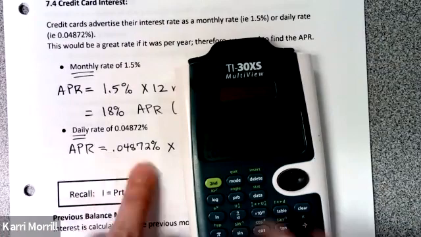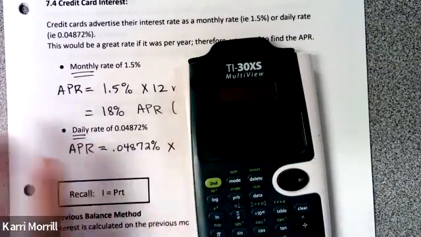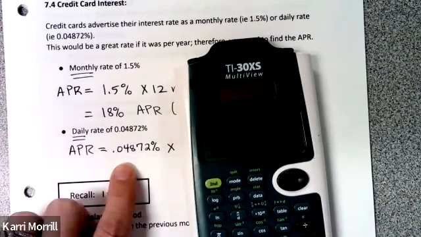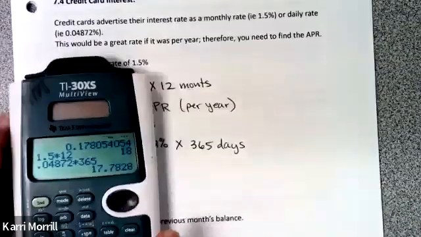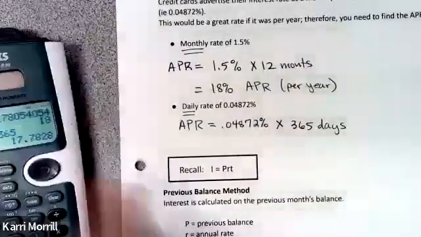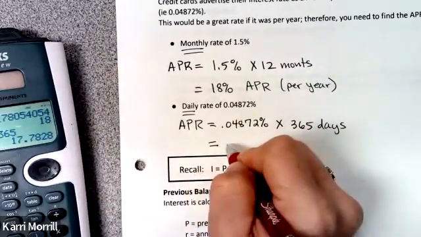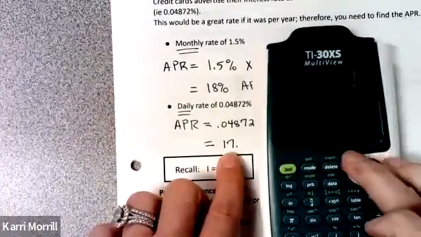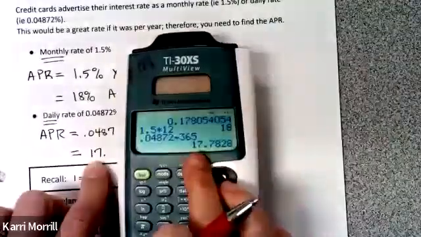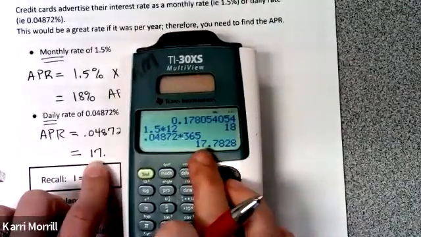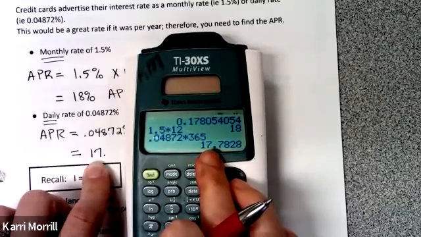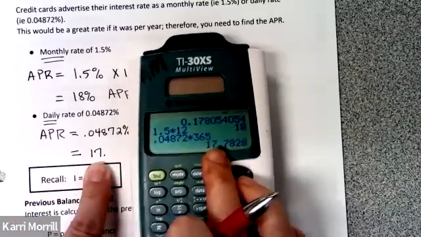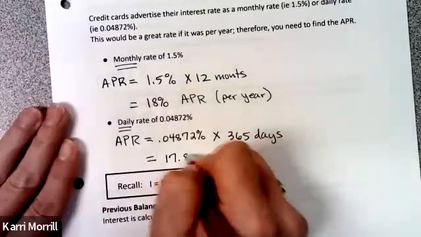We don't have to change it to a percent, it already is a percent. Times 365 days means you're really paying, let's round it to one digit, let's call that 17.8. Wouldn't that be an 8? Round the 7 up to an 8. So 17.8%.